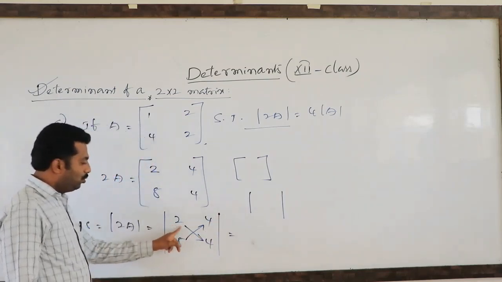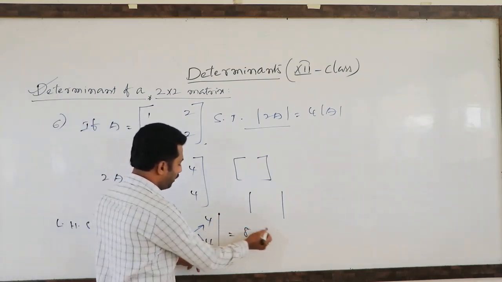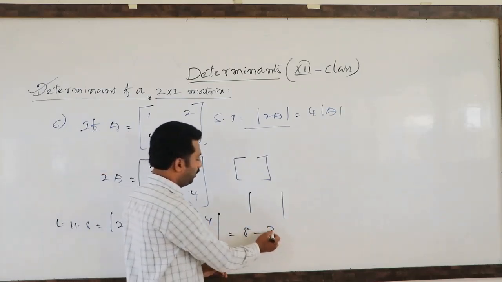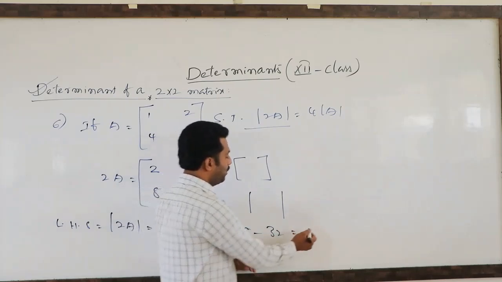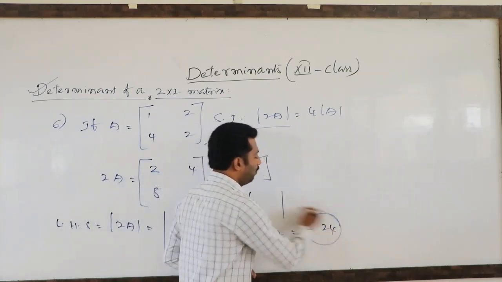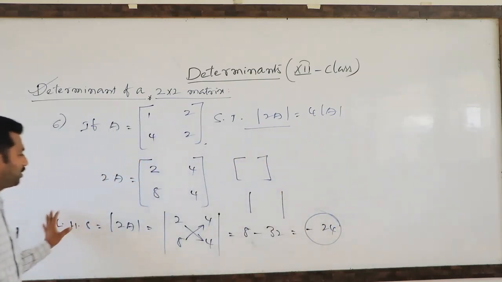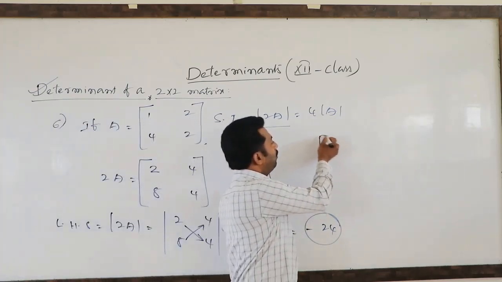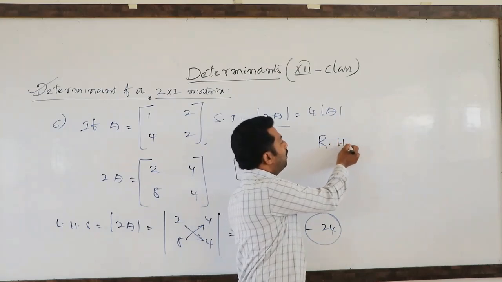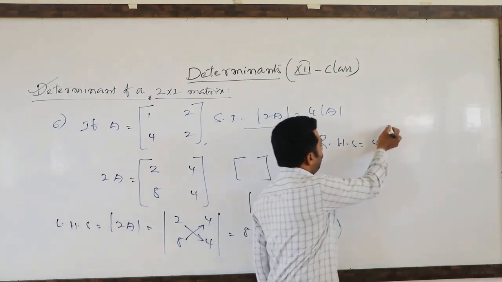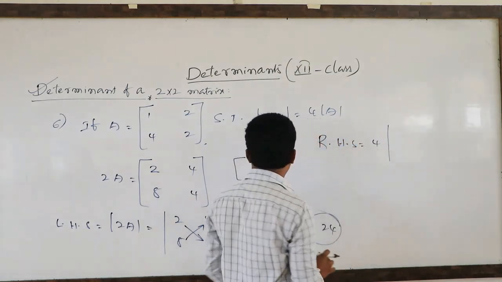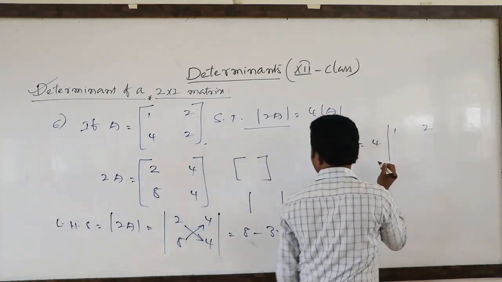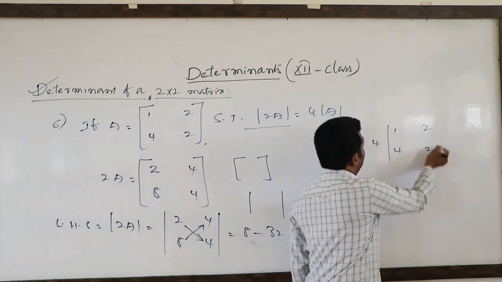Next, 2 into 4, 8. Minus 4 into 8, nothing but 32. This is minus 24. What we got? LHS part is minus 24. Now we'll see what you will get in RHS part. See, 4 into determinant of A. What is the determinant of A? 1, 2, 4, 2.